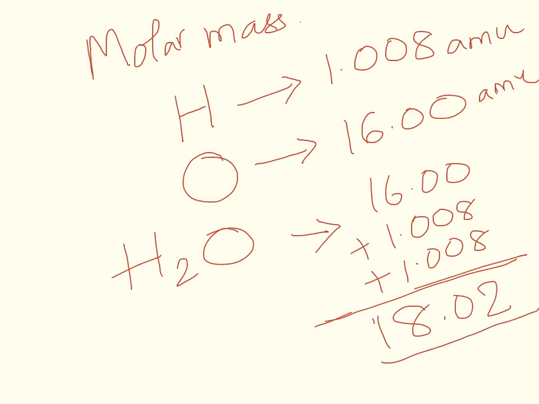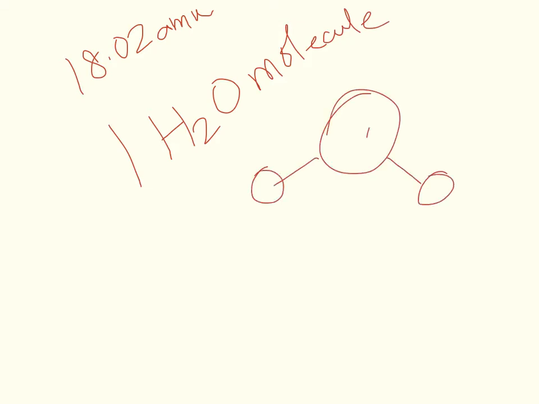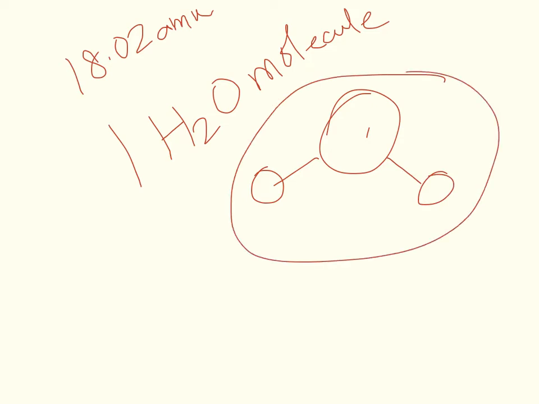Remember, 18.02 AMU is the mass of one H2O molecule. If I represent oxygen as this circle and hydrogens as these two circles, then one molecule like this has a mass of 18.02 AMU.